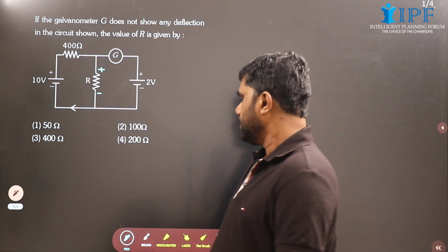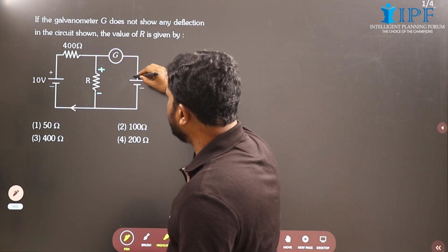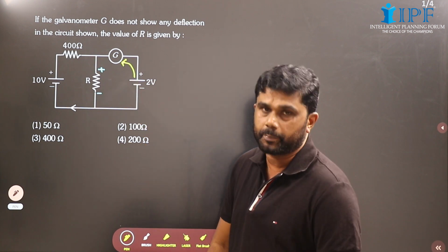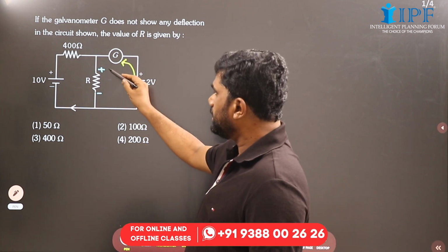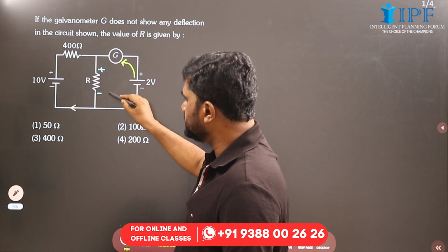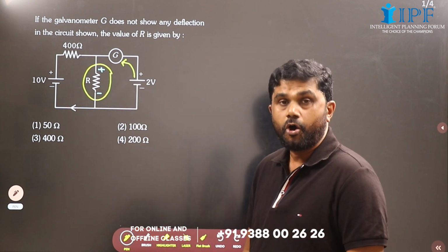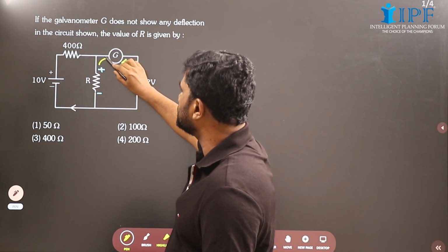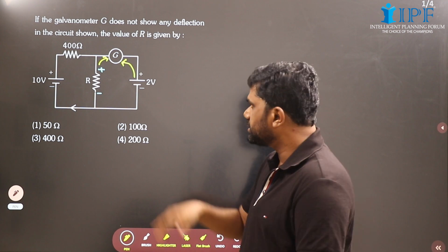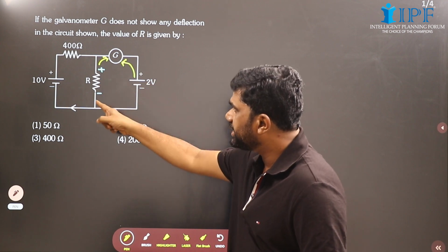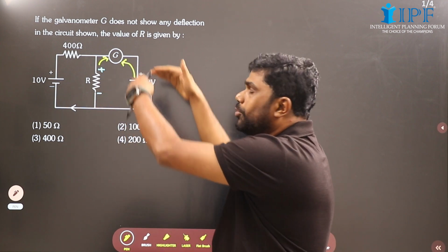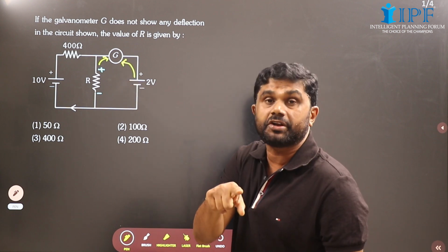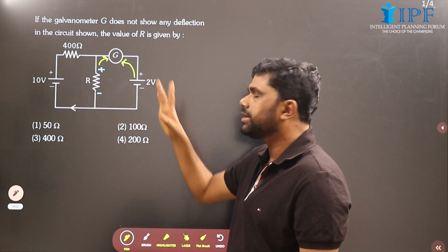So this 2 volt cell will try to send a current like this, because its positive pole is on the top. And I have told you, the voltage across this resistor also will tend to send a current like this. So this cell and the voltage across this resistor are opposing each other. This galvanometer will show zero deflection only if these two are equal.